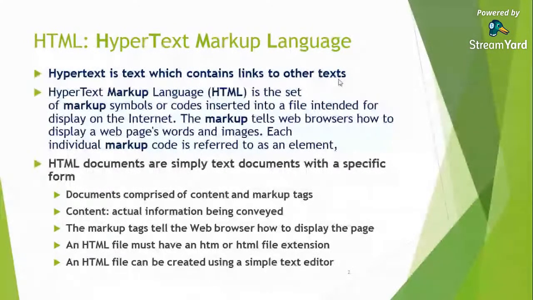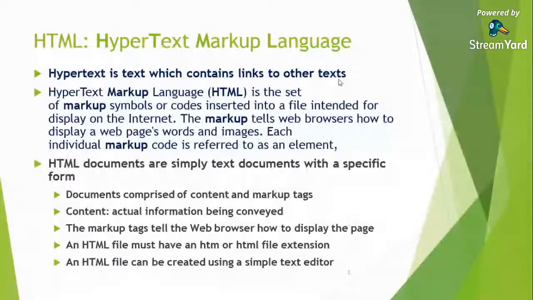Web browser means, for example, Google Chrome, Safari, or Mozilla. All these types of software are called web browsers. Whenever we write any HTML code, it will be displayed through the markup code.